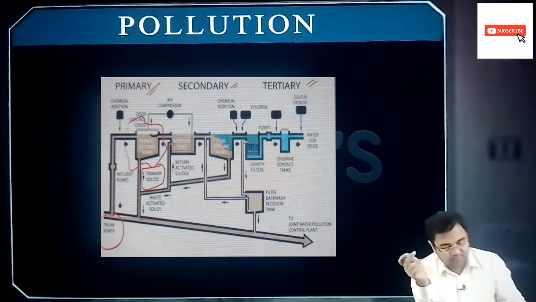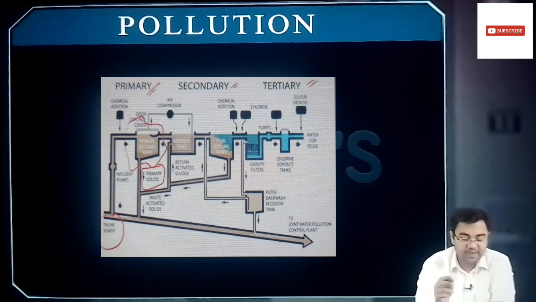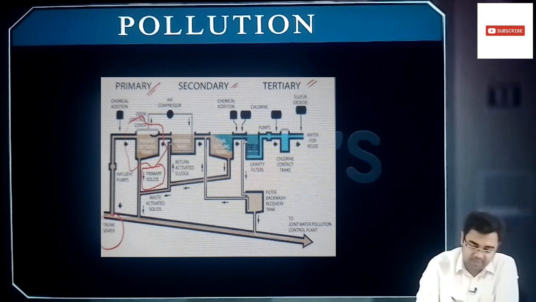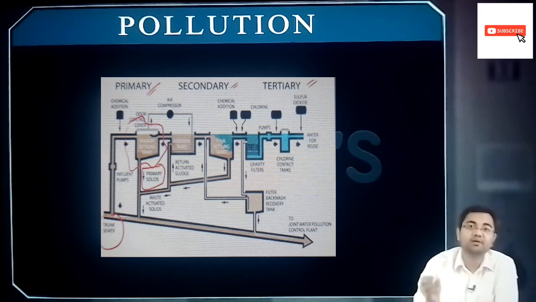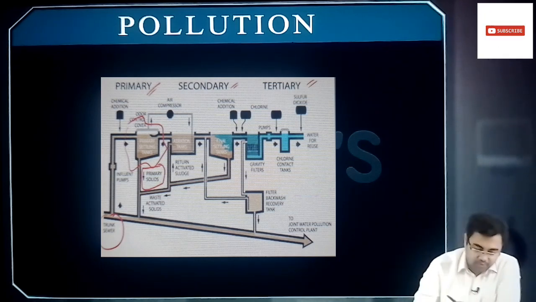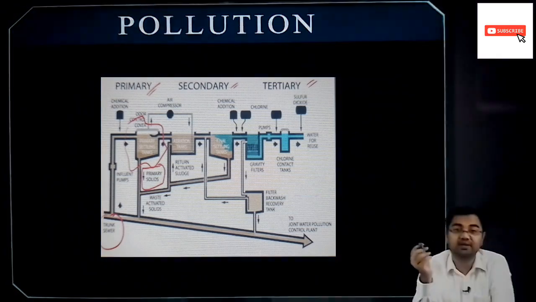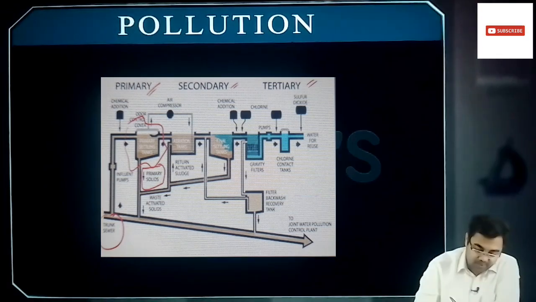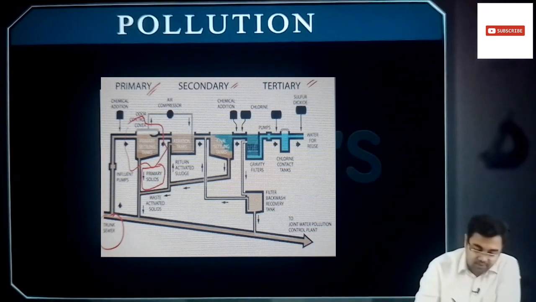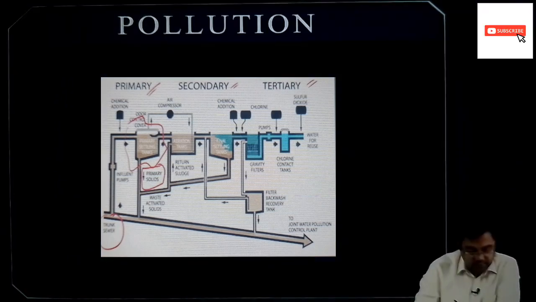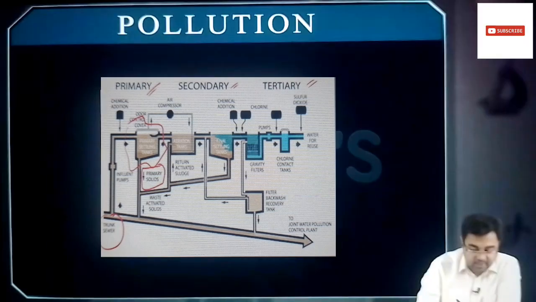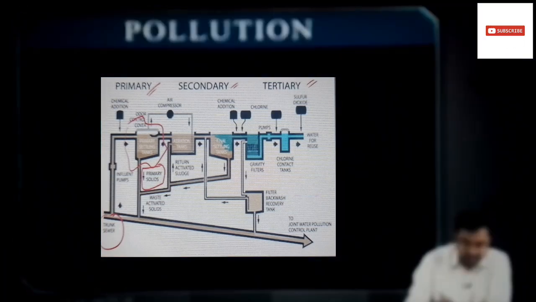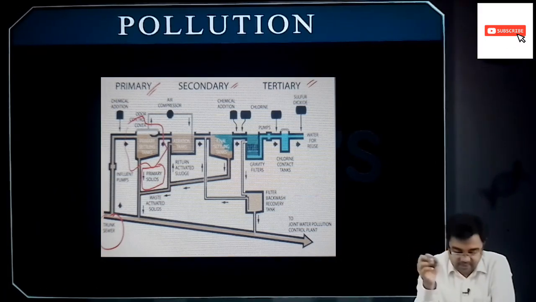If you have a look at this particular diagram, you would understand what primary, secondary and tertiary treatment are. First of all, the sewage goes to the primary settling tank. Here the solid sewage will come out of the process, and the rest will move on to the next process.